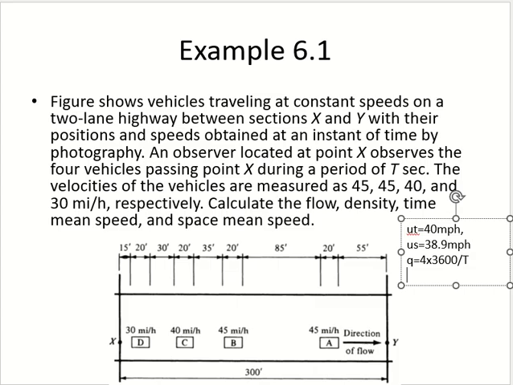And then you have to convert it to miles. So 1 mile is 5280 feet.